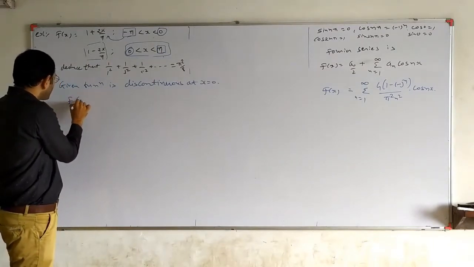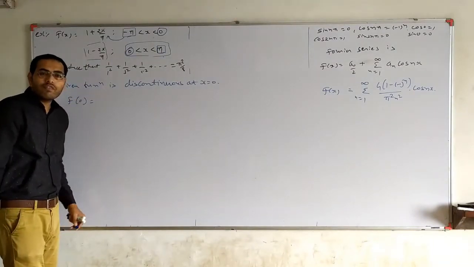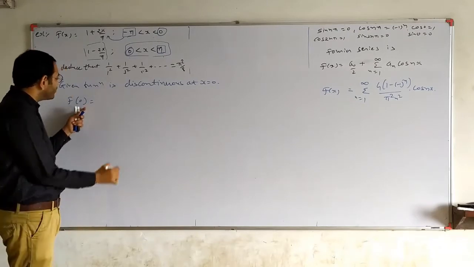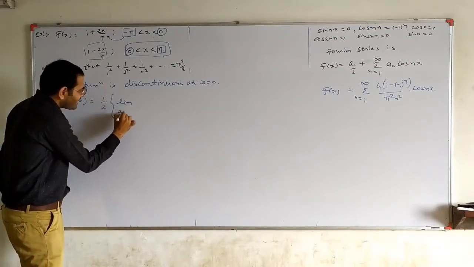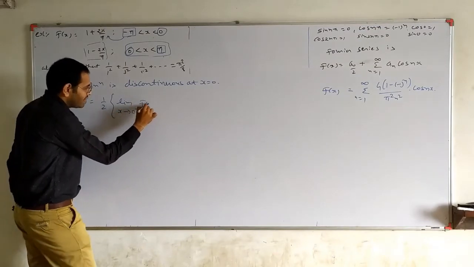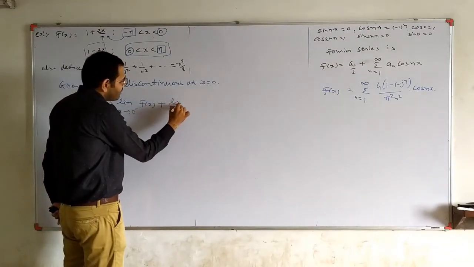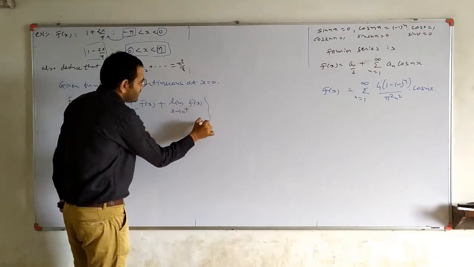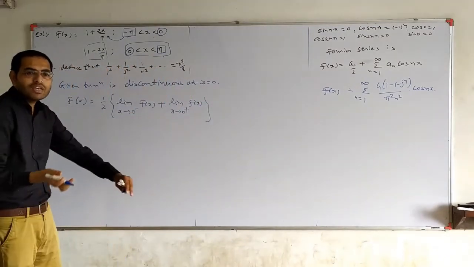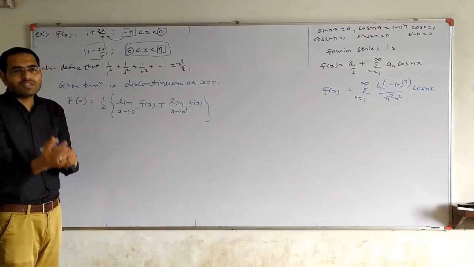Then we have to find the value of the function at 0, that is 1/2 times limit x tends to 0 minus f of x plus limit x tends to 0 plus f of x. That means before the 0 and after the 0.